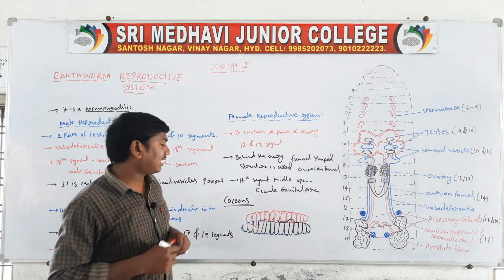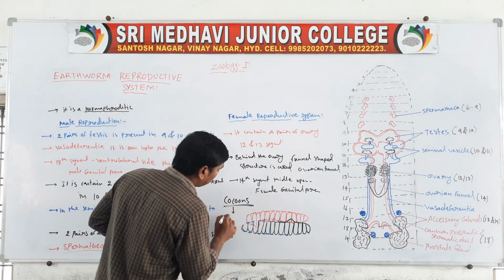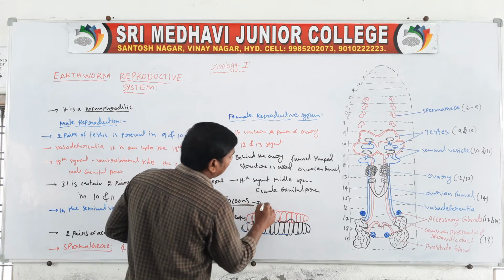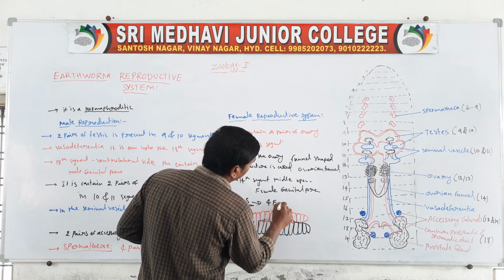After 3 weeks, each cocoon develops 4 earthworms.